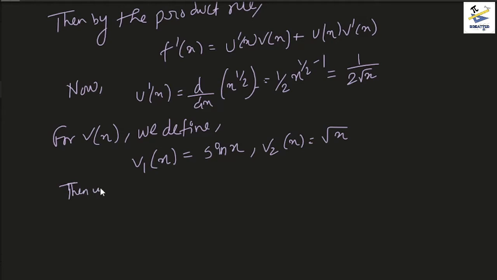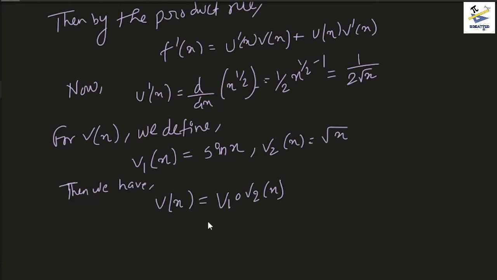Then we have v(x) equals v1 composition v2 (x). Well, obviously v2 is equal to u, but we can just have a different name because it's in a different function, so it wouldn't matter that much.